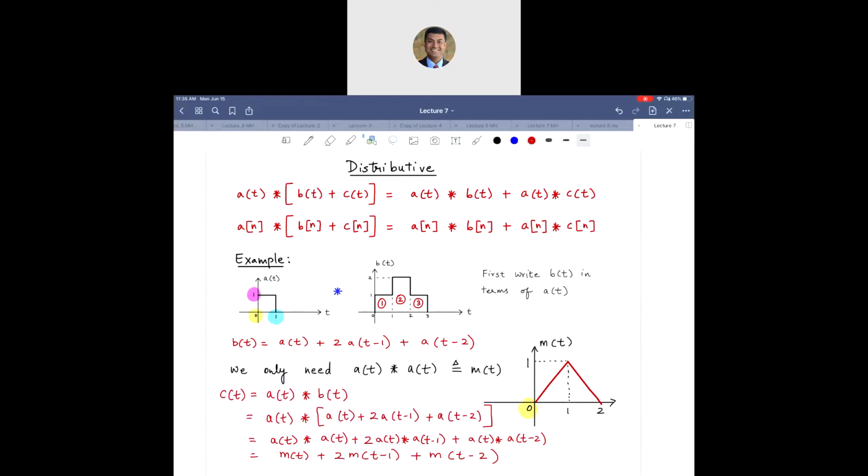And that is what I'm going to box over here, because that will allow me to sketch things very quickly. I need m of t, and I already have that plotted. I need to add 2 times m of t minus 1, and then I also need to add m of t minus 2. So one of those 3 pieces we already have, but in general, you can break that into 3 triangles.